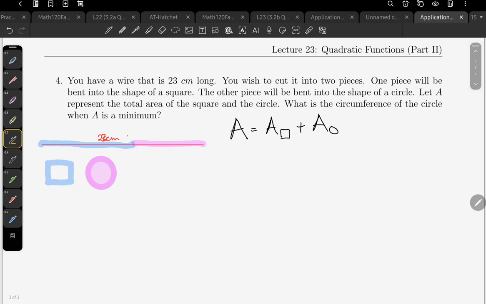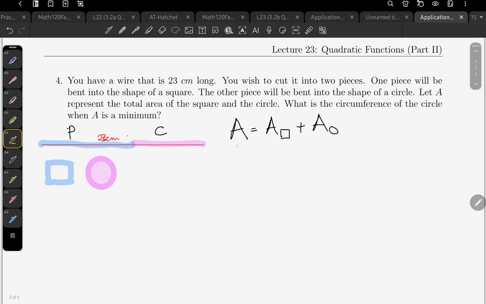At first it doesn't look like a quadratic model, but when we start writing things together, I'm sure you'll also see it. Let's call the length of the blue piece P, the perimeter of the square, since it forms a square. And the second one, the circumference of the circle, C, because that's the length of a circle.